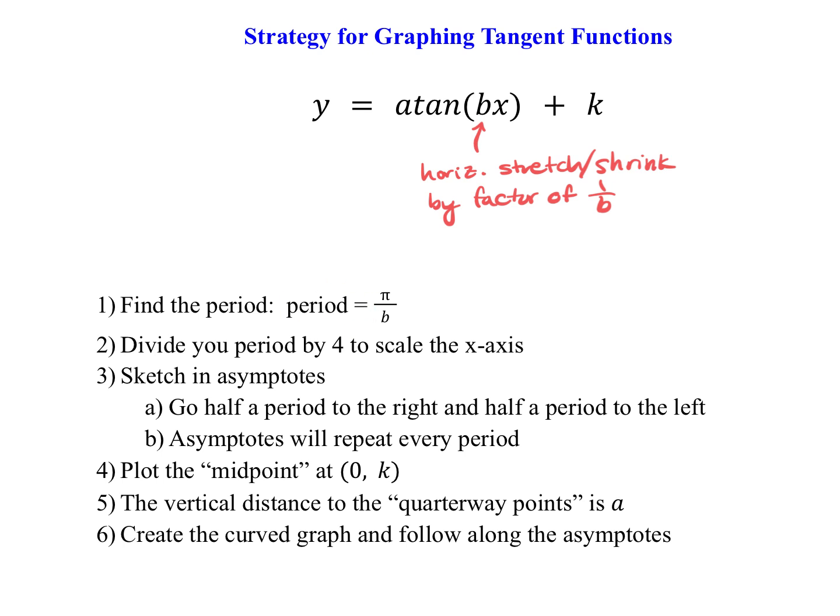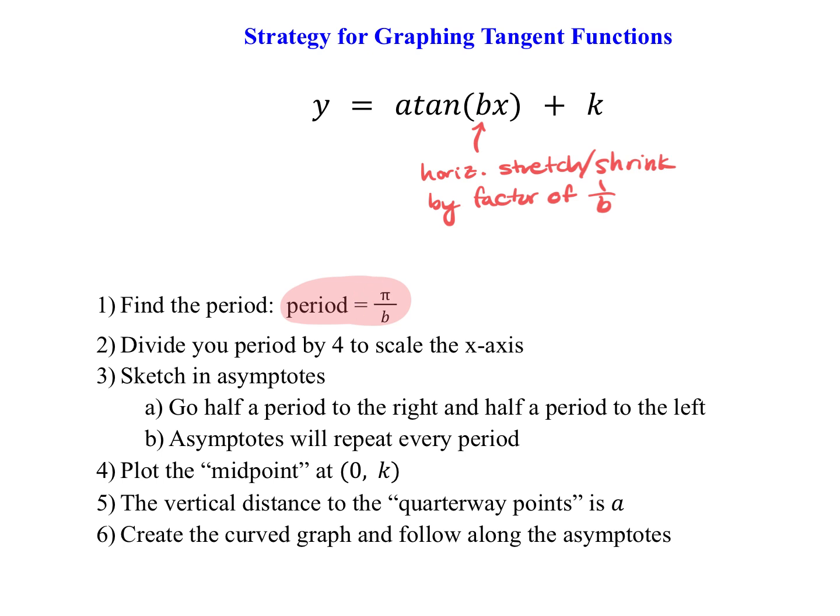However, you'll notice that the little formula we can use to find the period is different. Instead of 2 pi over b, for tangent it's going to be pi over b, because remember the period of our parent function is just pi. So you take your parent function period and you're essentially multiplying it by that stretch or shrink factor, which is 1 over b.